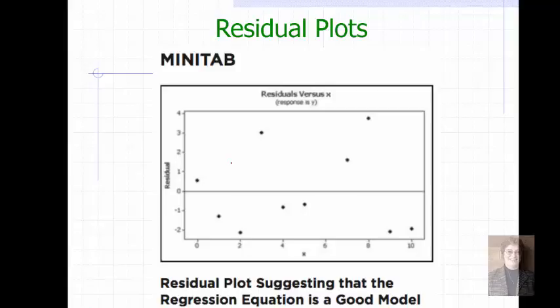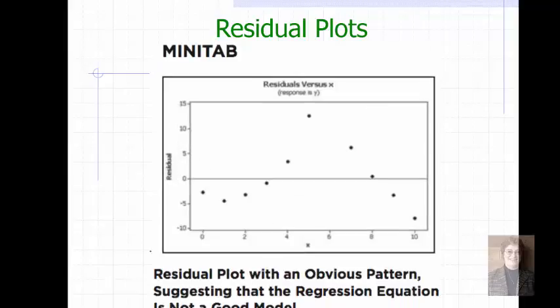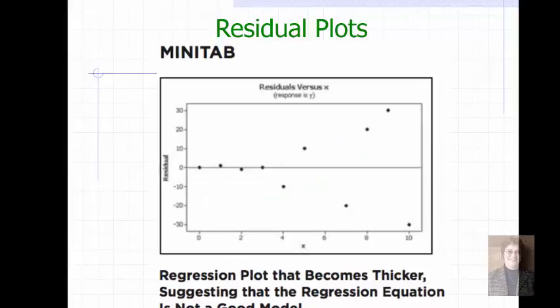So here is an example where there's really no pattern in the residuals. They're scattered. About half of them are above, about half of them are below. Now notice with this one we have an obvious pattern. We have this curve. Our straight line model's not a good one here because our residuals have a pattern.